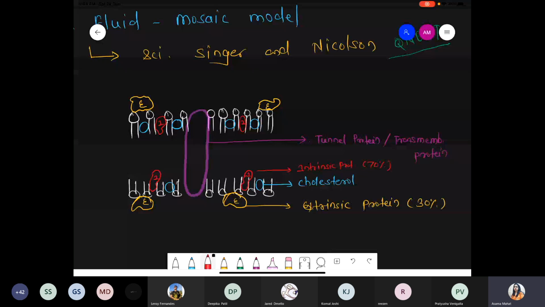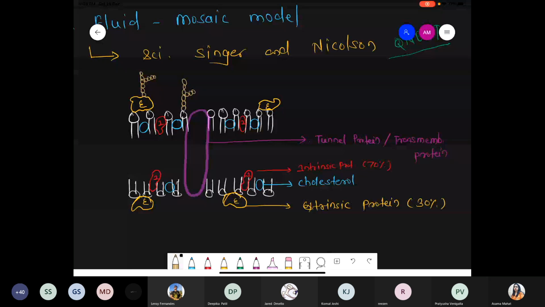Final point, the presence of oligosaccharide. Remember this point: oligosaccharides are always present toward the outermost side. The oligosaccharide is simply represented like this, attached to the extrinsic protein also. Oligosaccharides can attach to the lipid molecule also, because then they form a glycolipid.